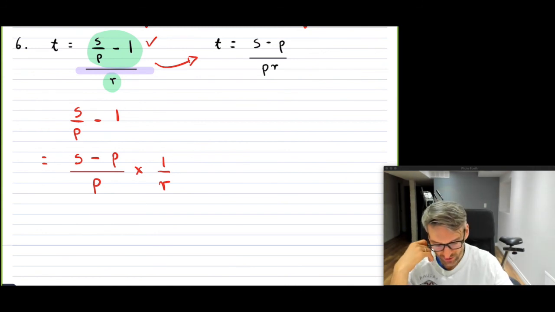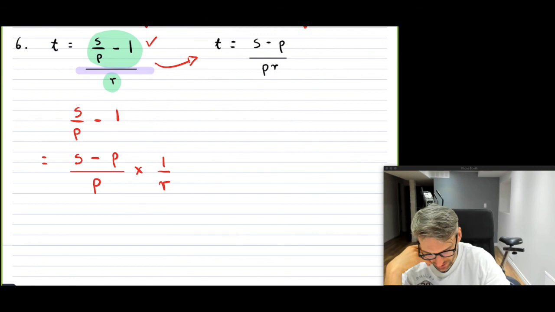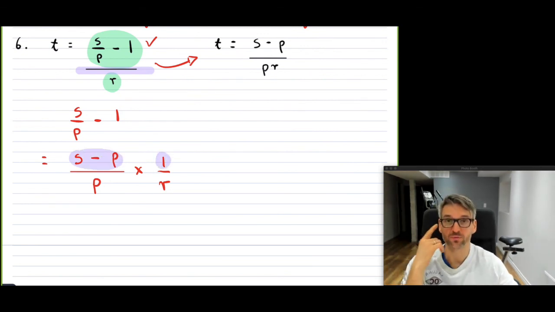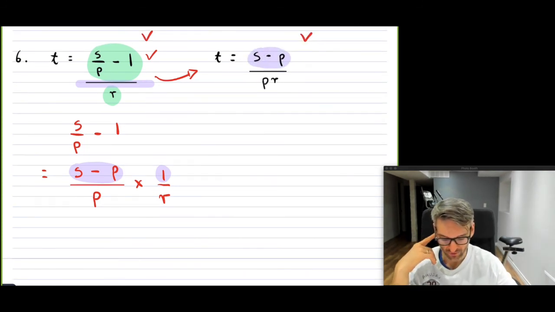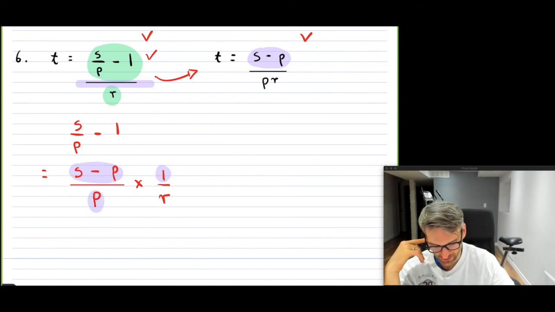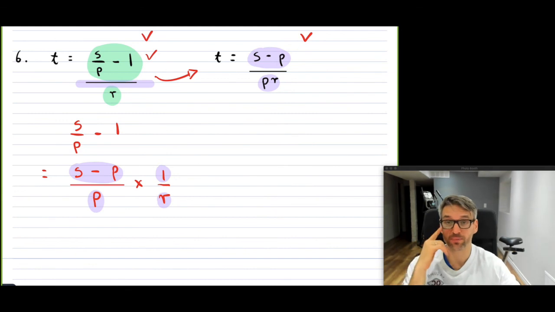And now you can see what you have is S minus P, this thing, multiplied by 1. Well, if you multiply it by 1, it's going to stay the same. So that's how we got this right there. And then you have P multiplied by R, which is just PR. Or you might write it as RP. Typically, we try to keep it in alphabetical order.